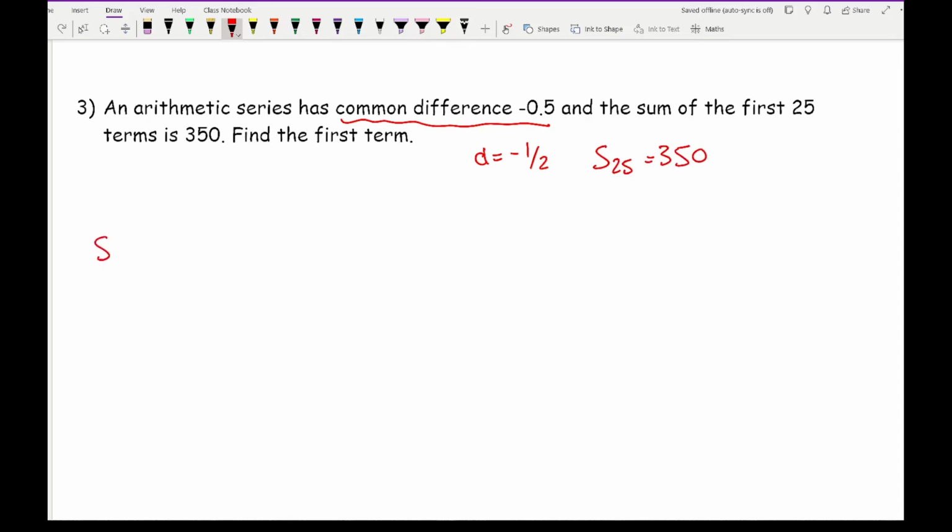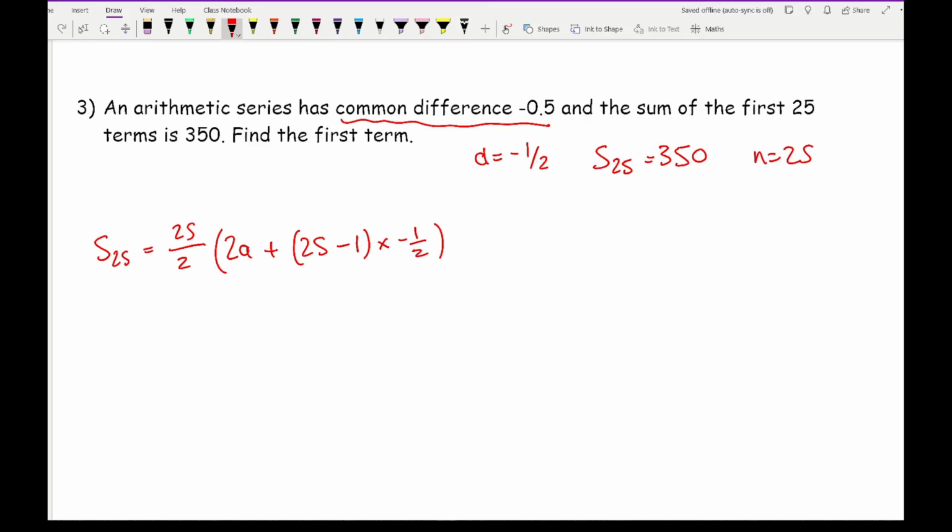So then in terms of substituting that in, what do we get? Well, we've got n, which is 25, so I've got 25 over 2. And then we've got 2a plus, now n is 25, so I've got (25 take away 1) times minus a half.